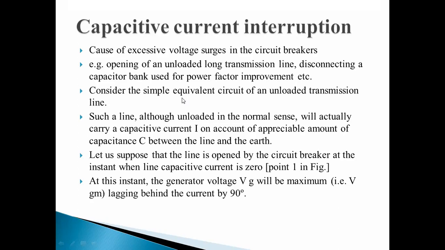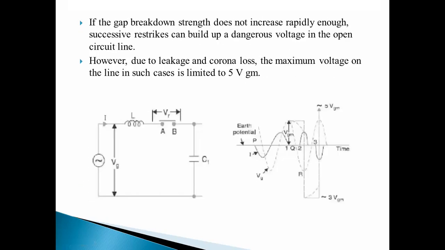Okay, the line is opened by the circuit breaker. Means as the circuit breaker contacts open, your line will also be open, and at that time the capacitive current is 0. So here it is showing the point 1 in this figure. Okay, so here your capacitive current is 0, means your line is open.